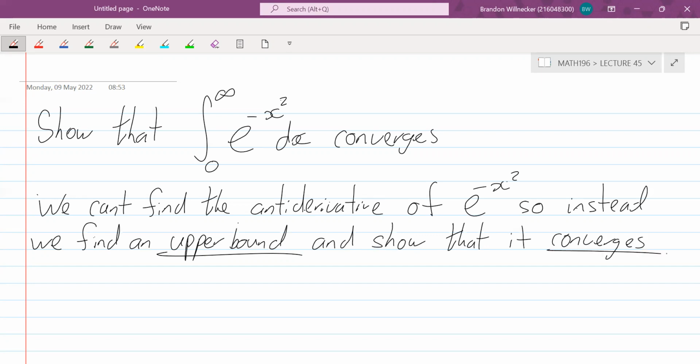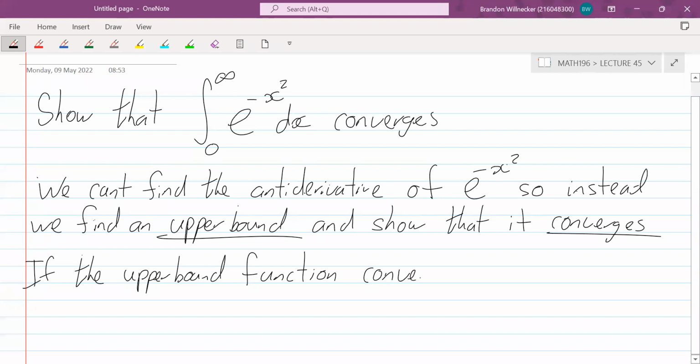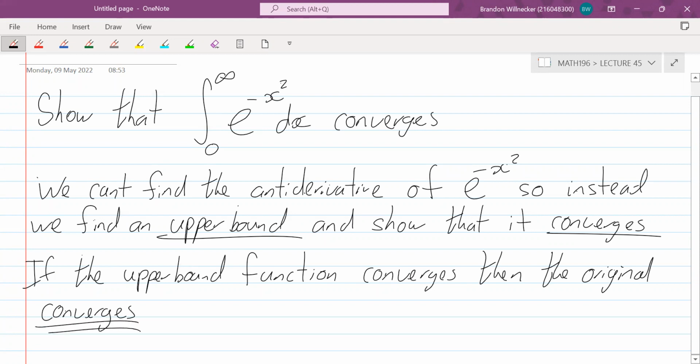So if the upper bound function converges, then our original function converges. Okay, so that's the idea here.